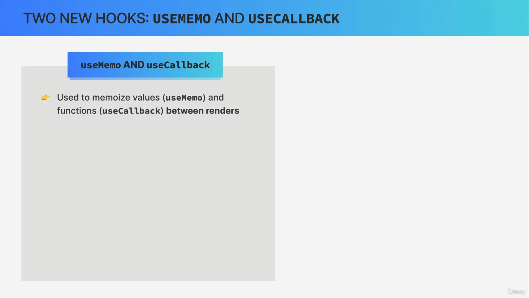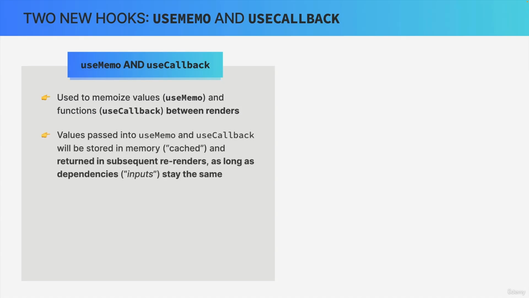Well, the idea is similar to the memoization that we just talked about before. So whatever value that we pass into useMemo or useCallback will basically be stored in memory. And that cached value will then be returned in future re-renders. So it will be preserved across renders as long as the inputs stay the same.